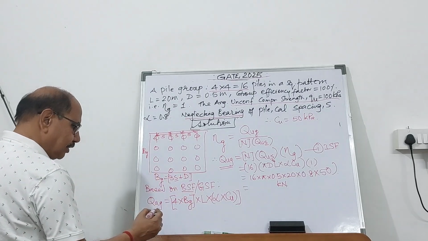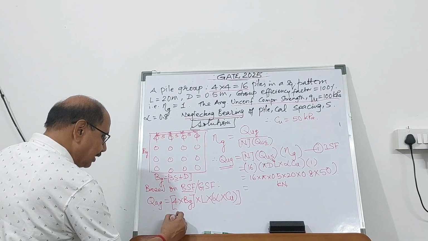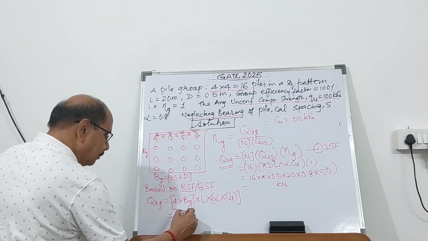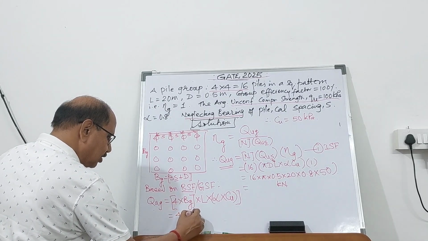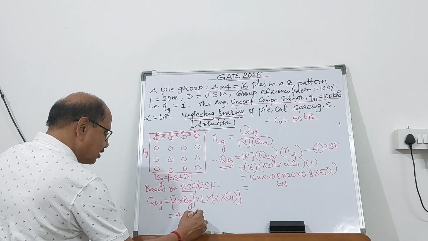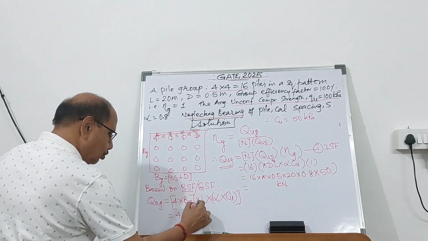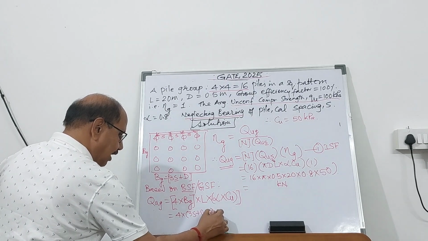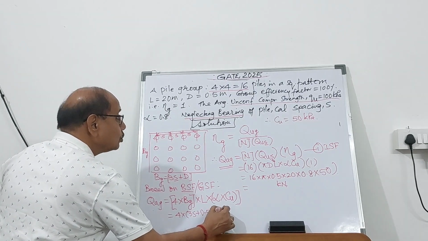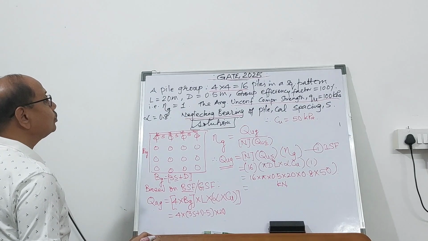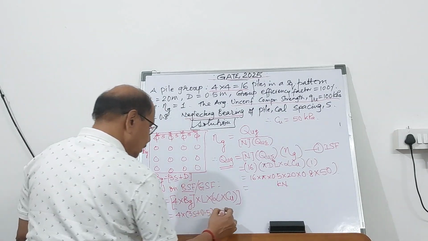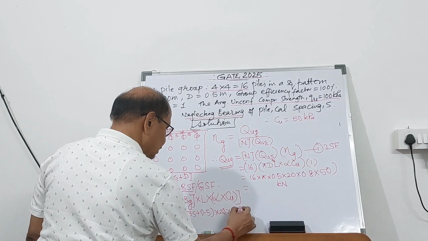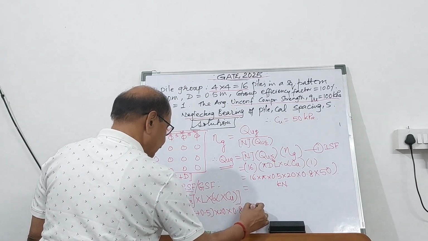D is 0.5 meter. So this can be further elaborated as 4 multiplied by BG, which will be 3 times spacing plus D, that is 0.5 meter, multiplied by length, that is given to you as 20 meter, into alpha, which is already 0.8, Cu is given to you as 50.